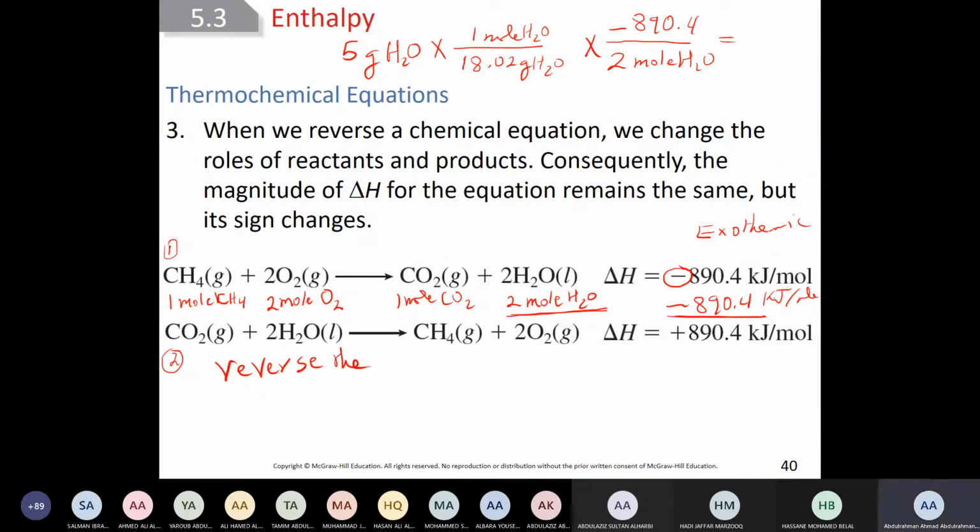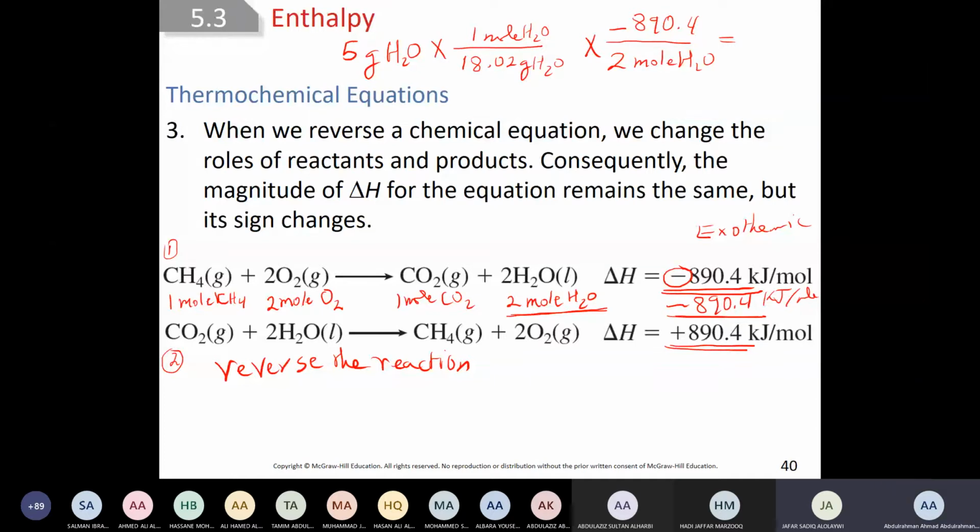When you reverse the reaction, what's the heat of the first one? Negative. What's the heat of the second one? Positive. What's the difference between them? The first one is exothermic and the second one is endothermic.